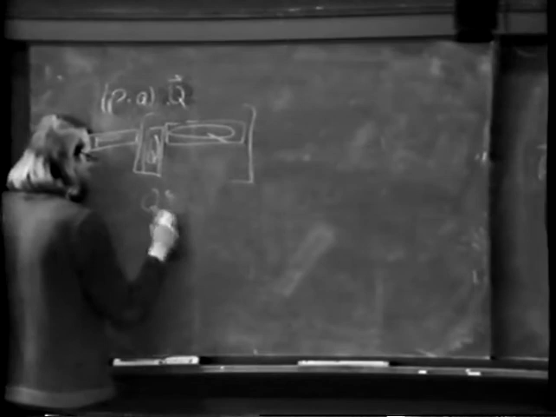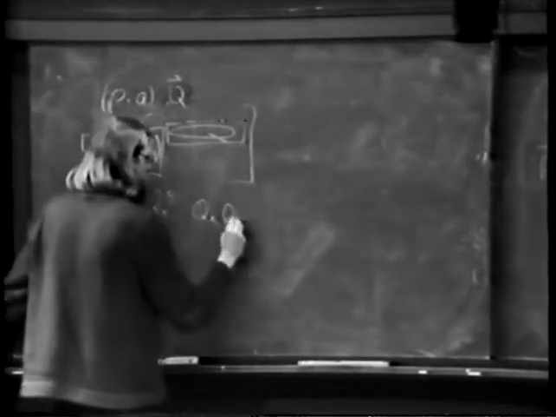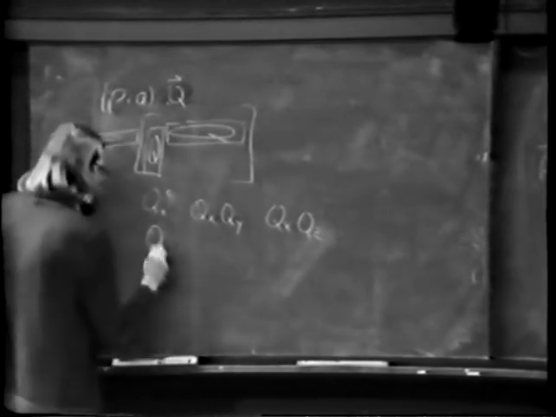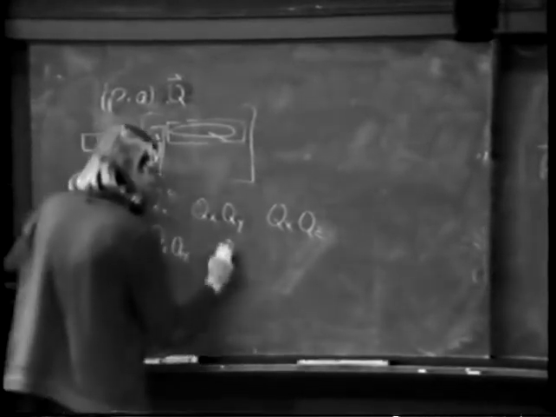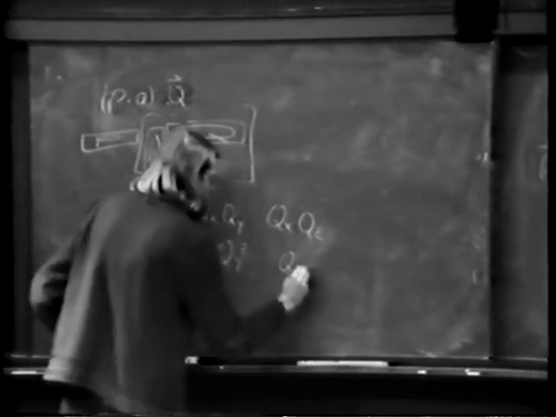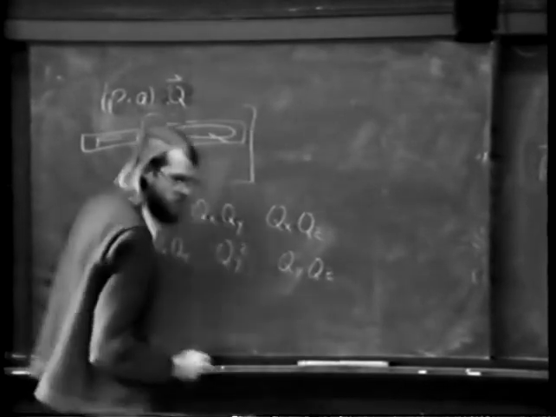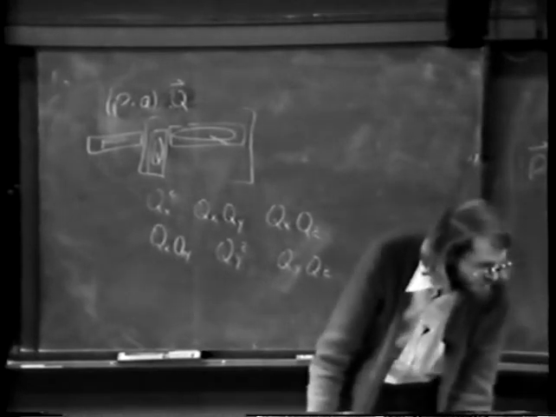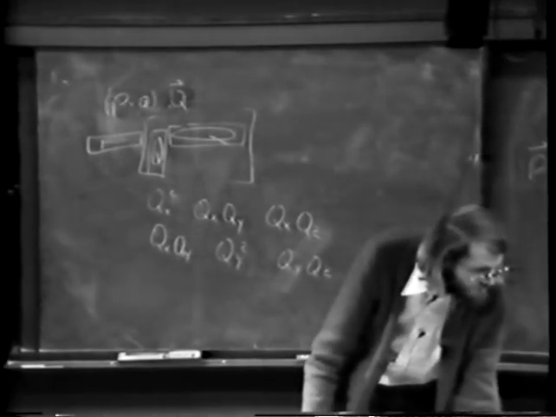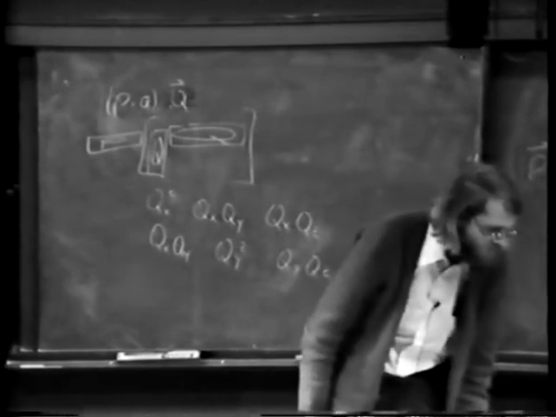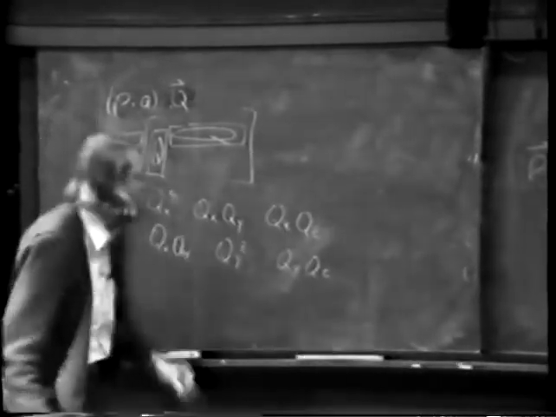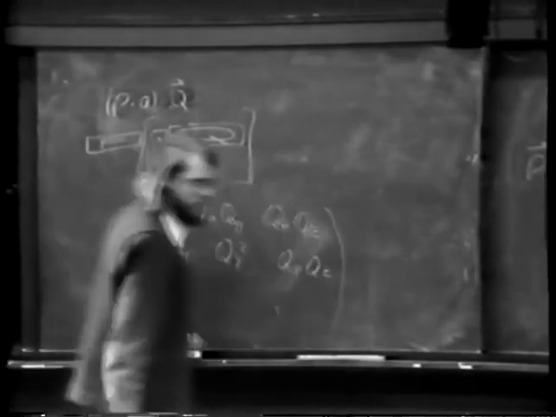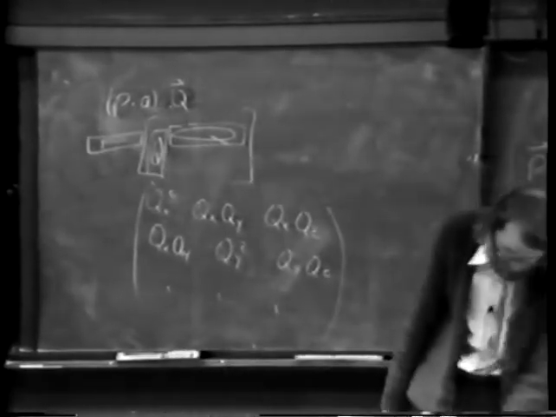Qx squared, QxQy, QxQz, QxQy, Qy squared, QyQz. I even have a piece of paper which has this on it. It's called N here instead of Q, but that's a quick translation. 3 by 3 matrix, which is this one here.